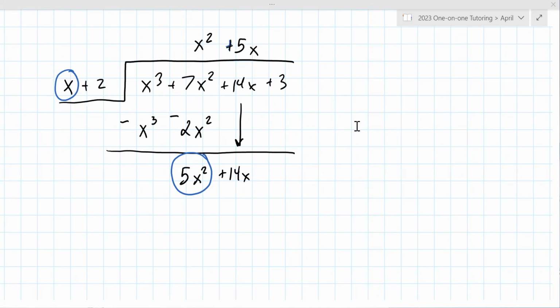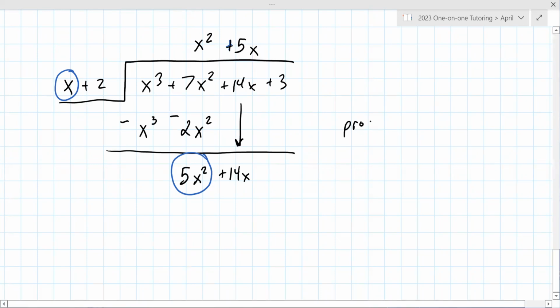So this line is the product line, and this is the add line. So now we're going to again have to do a product line, meaning multiplication. You're going to take this 5x and multiply by x to get 5x squared plus the 10x.